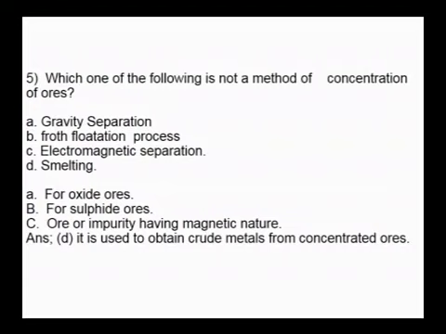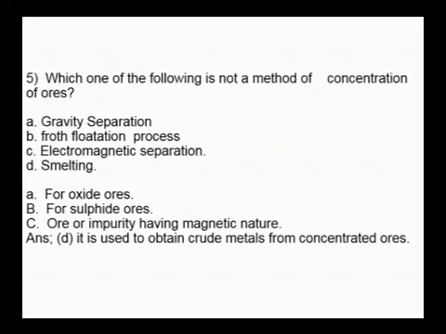The first one is gravity separation, the second is froth flotation method, the third is electromagnetic separation, the fourth is smelting. Gravity separation method is used to concentrate oxide ores. This is based on the difference in the densities of ore and the gangue particles.